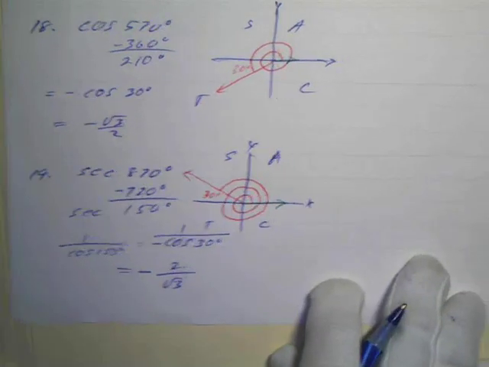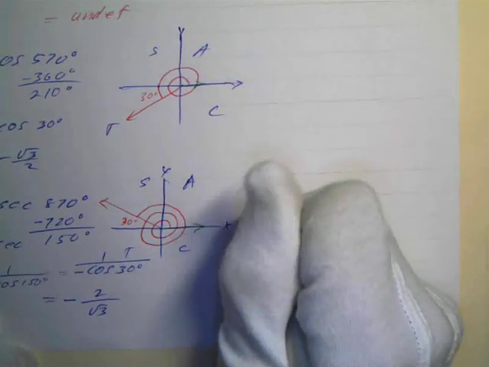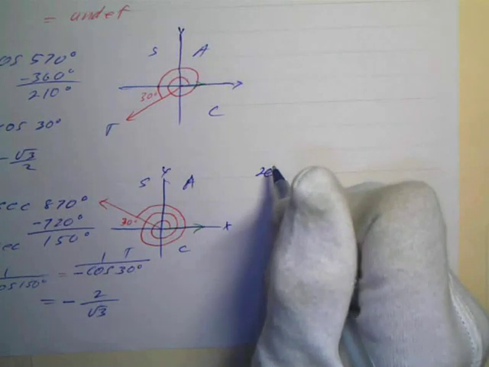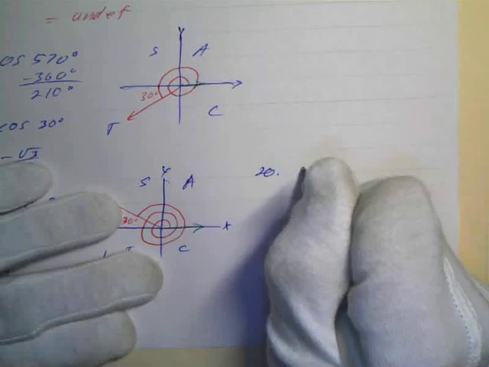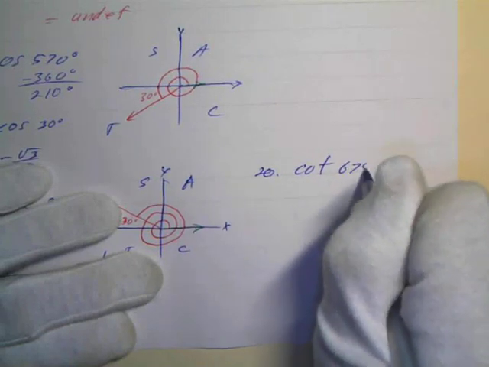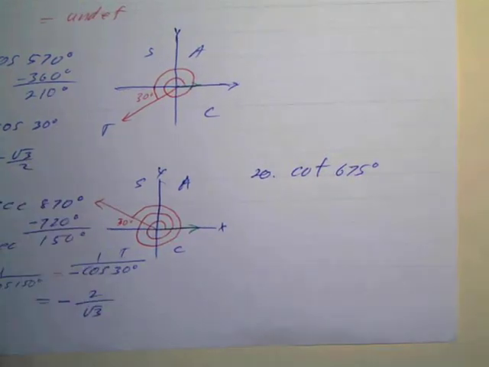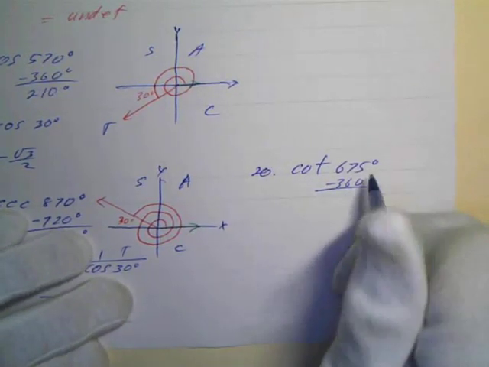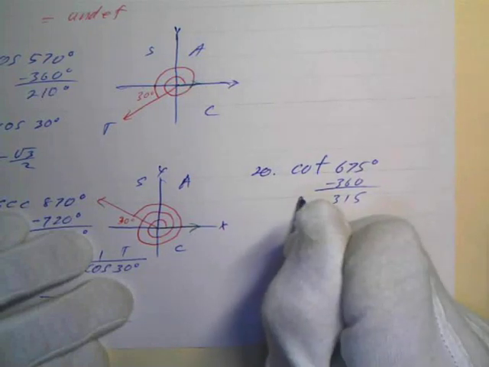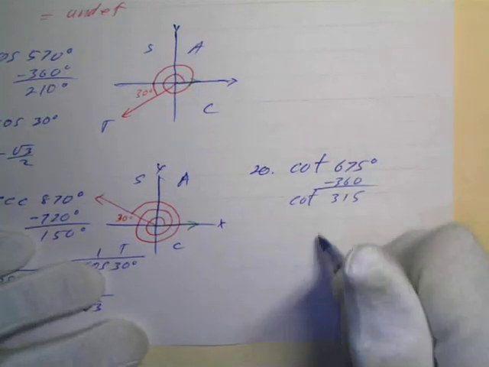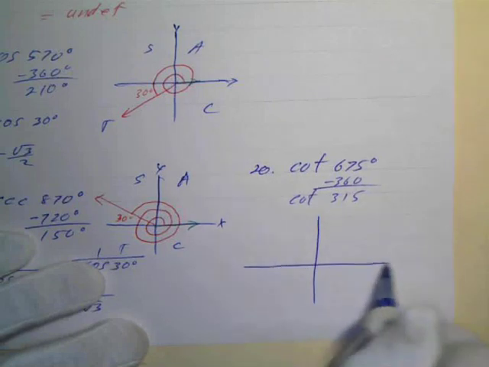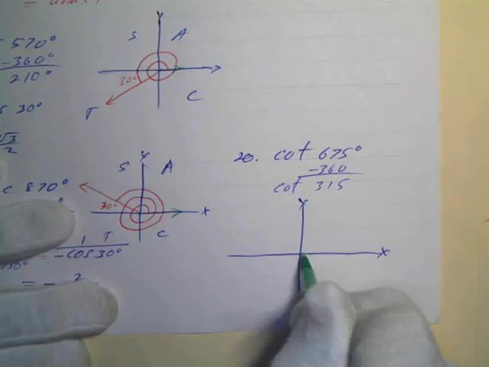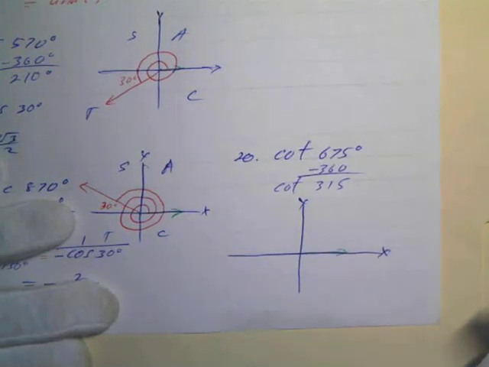And then number 20, see if I can squeeze that in over here. Cotangent of 675. If I subtract 360 from that, cotangent of 315. You can change this to radians and probably figure it out.